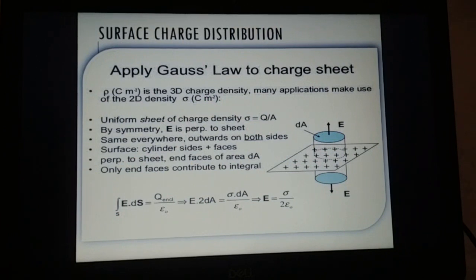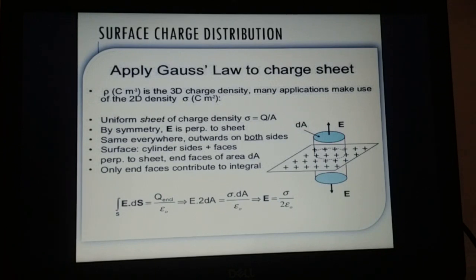That means we are having an infinitely thin sheet of charges, and the electric field intensity is equal to sigma by 2 epsilon 0. The method, I think you are remembering. We are calculating the flux, electric flux, in two different methods. One according to the definition, that is flux phi E is equal to closed integral E dot dA or ds, and flux phi E is equal to Q by epsilon 0 according to the Gauss theorem.